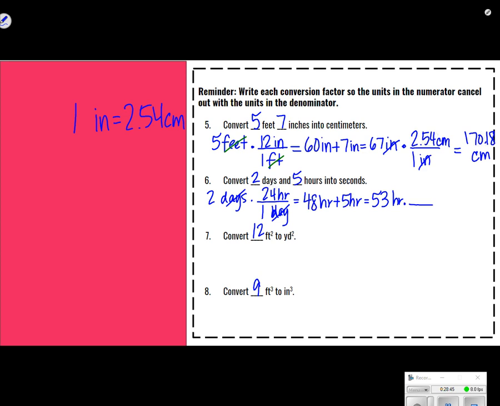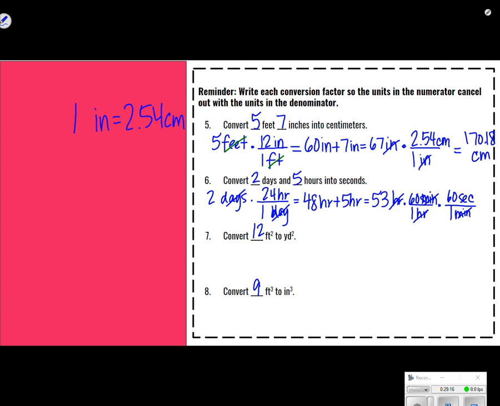So in 1 hour, there are 60 minutes. I keep trying to put 60 seconds in an hour. And then in 1 minute, there are 60 seconds. Now, if you know that in 1 hour there are 3,600 seconds, you could use that conversion factor. But most people just go straight from the hours to minutes and the minutes to seconds.